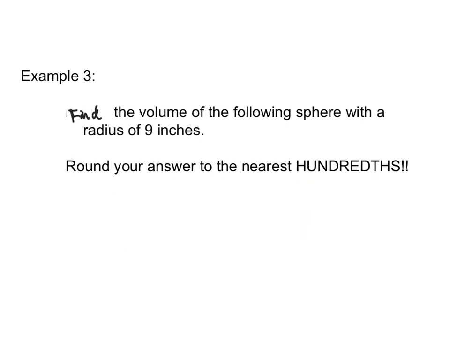Here is example number 3. Find the volume of the sphere with a radius of 9 inches. So our radius is already given to us. We have our radius equals 9. Again, our formula is 4/3 times pi times radius cubed. So we're going to have 4/3 times 3.14, which is what we're using for pi, times 9 caret 3.